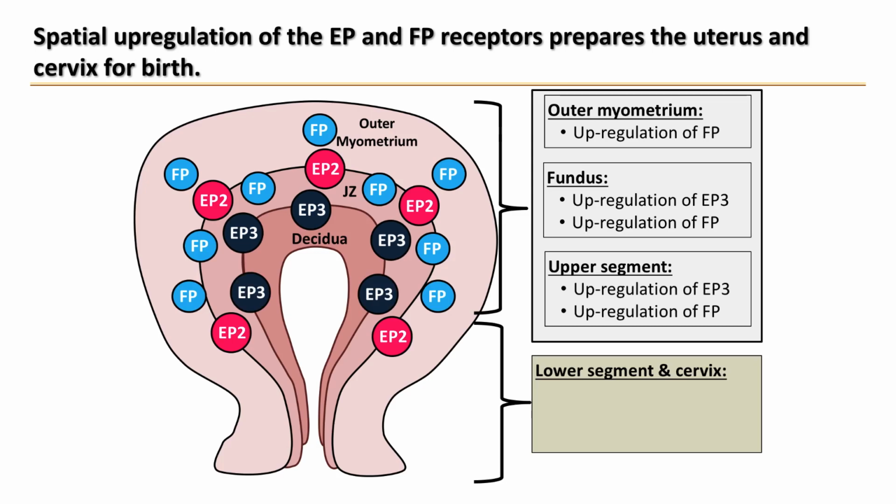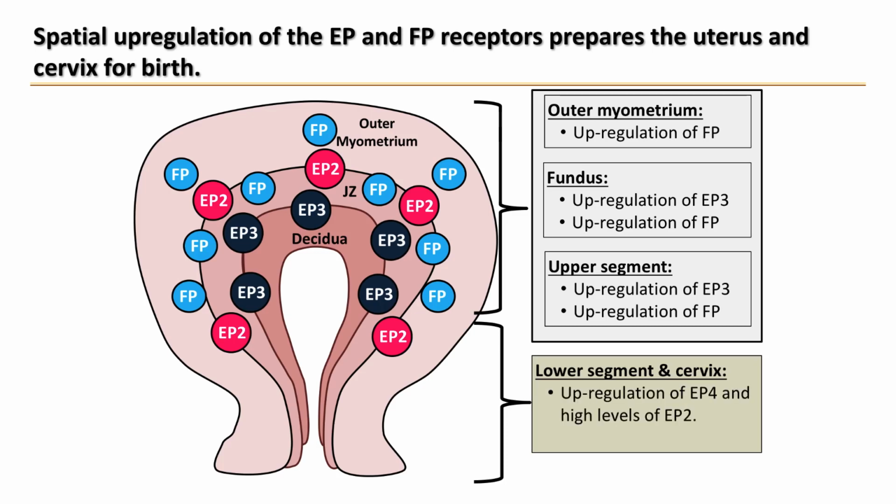So collectively, in the outer myometrium, especially in the fundal and upper segment regions, we see upregulated levels of both EP3, prostaglandin F receptor FP, and oxytocin receptor as demonstrated on the previous slide. Importantly, recognize that the upper segment in the fundus will need to contract. Concomitantly, we will need to see the lower segment and cervix relax.